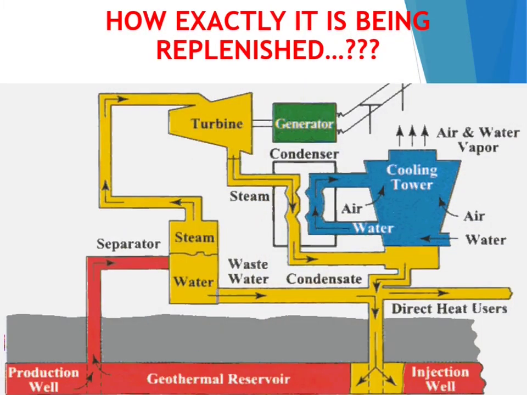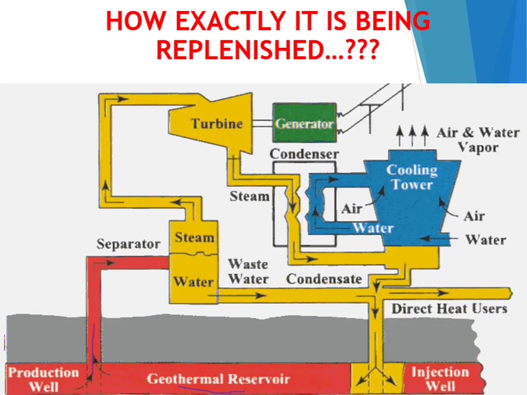Now let us see how exactly it is being used. There is a geothermal reservoir, which is actually a water reservoir. Due to the heat, the water rises up. Some wastewater condenses and goes to the injection well, which can be used again.